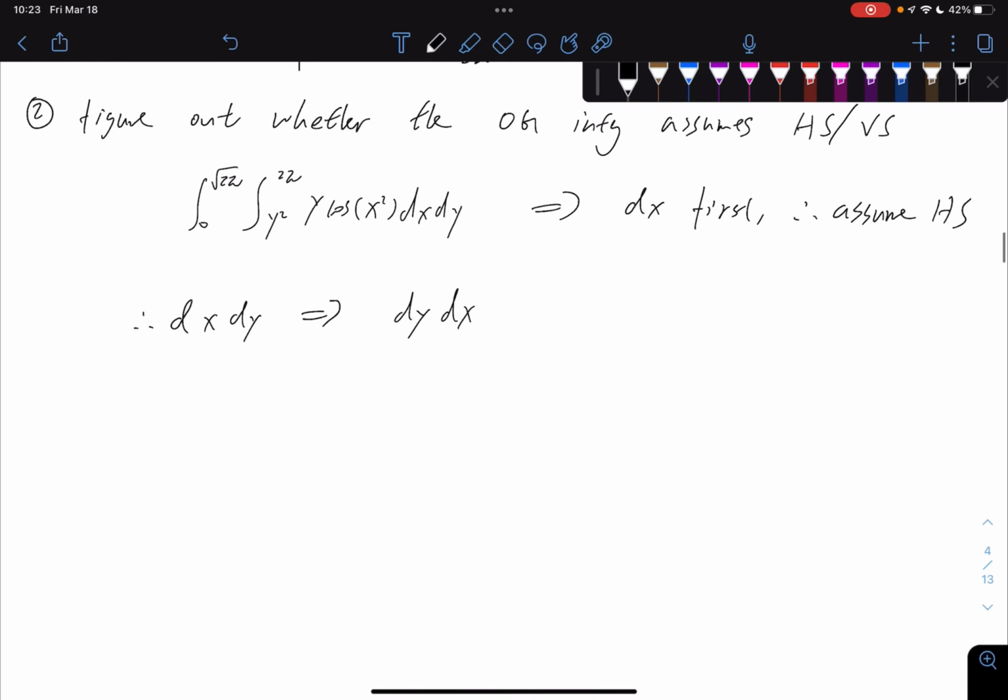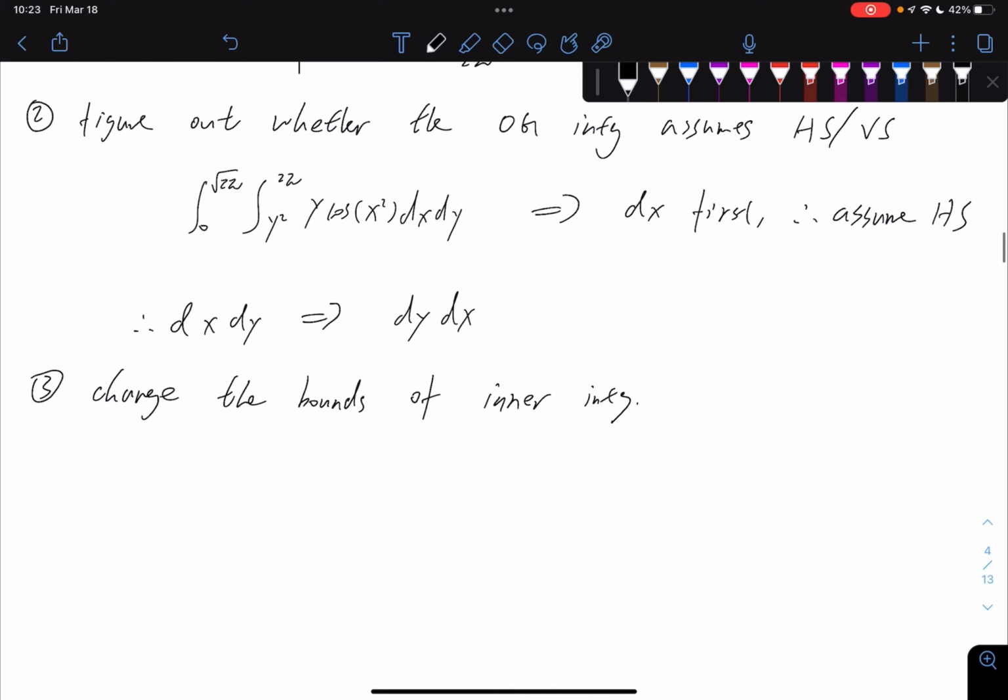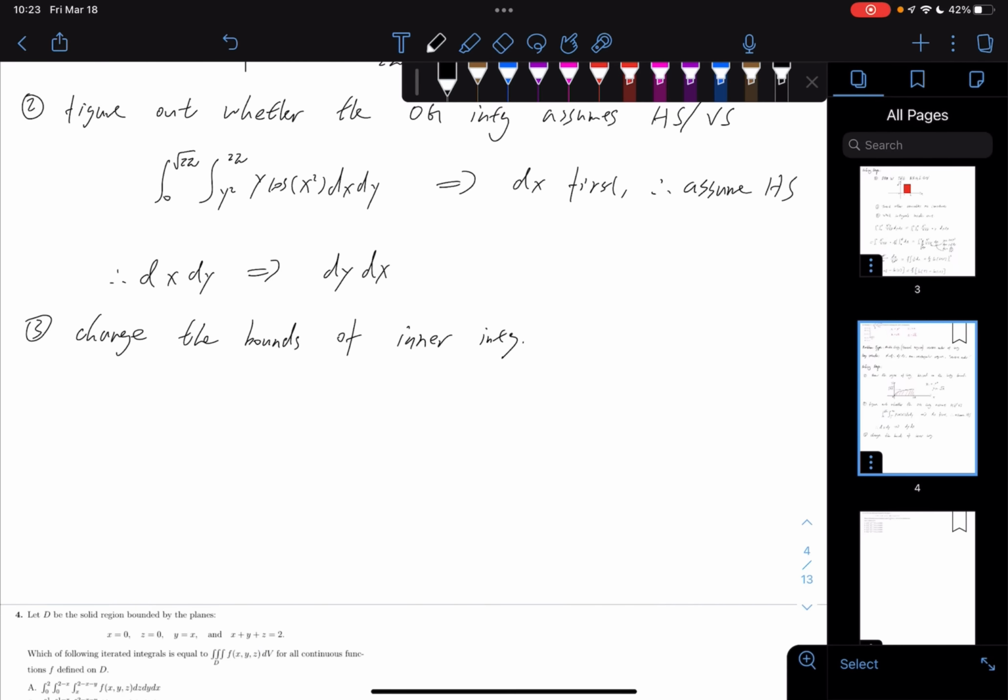All right, so the third step is change the bounds of the inner integral. Let me add one more page here.